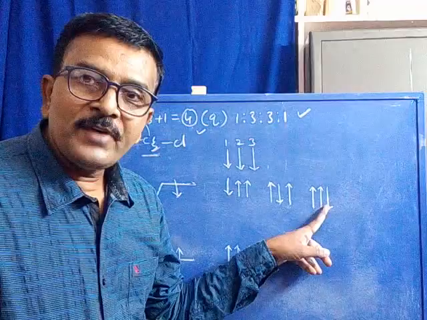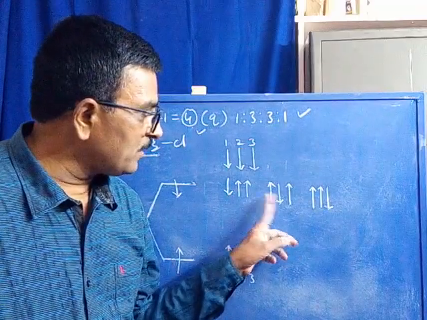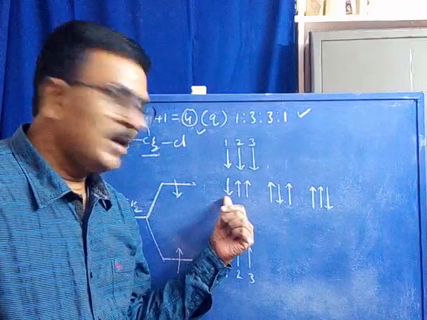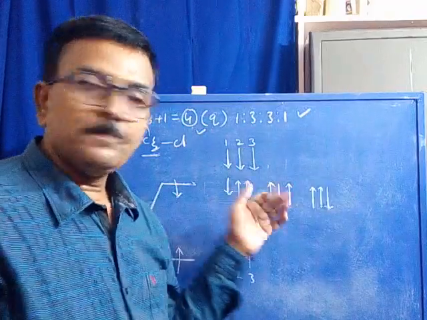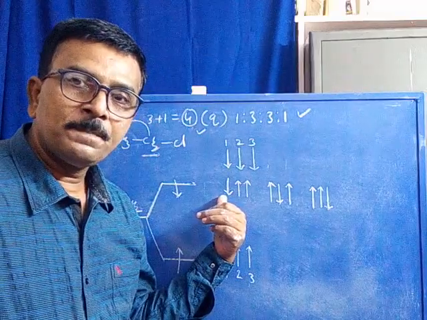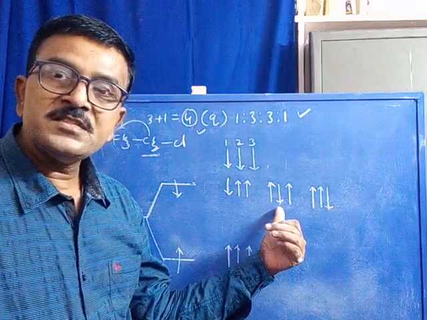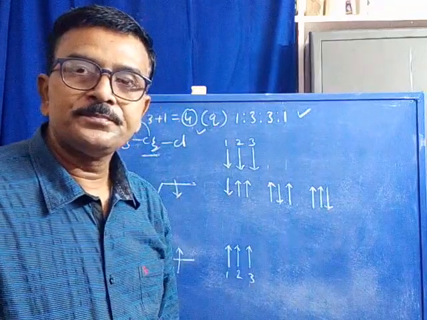Here also 1 parallel, 2 anti-parallel. What is the difference between the 3? In the first instance, the first is parallel. In the second instance, the second is parallel. In the third instance, the third is parallel.